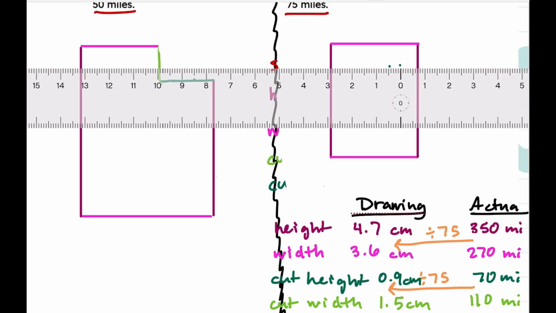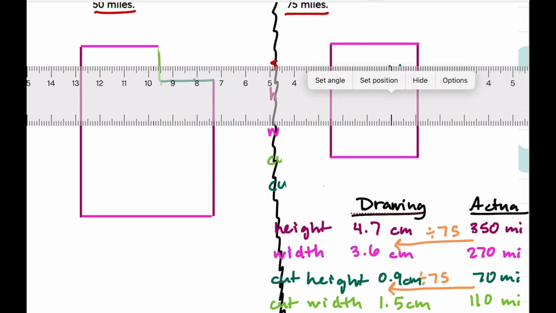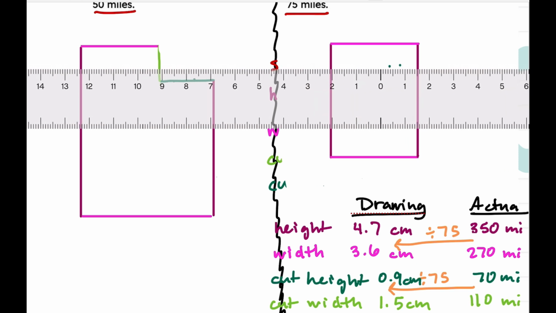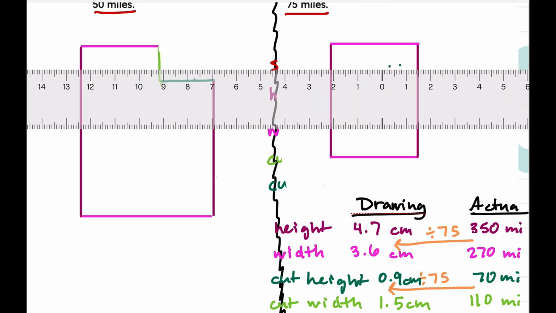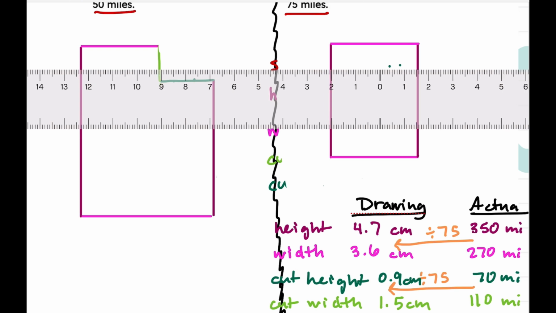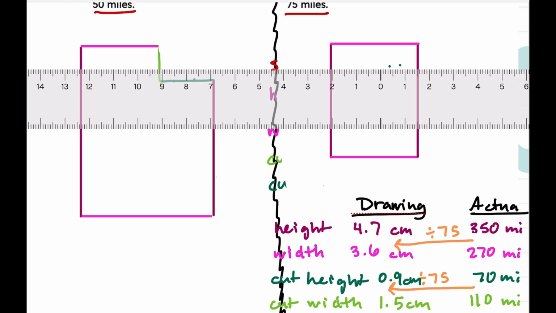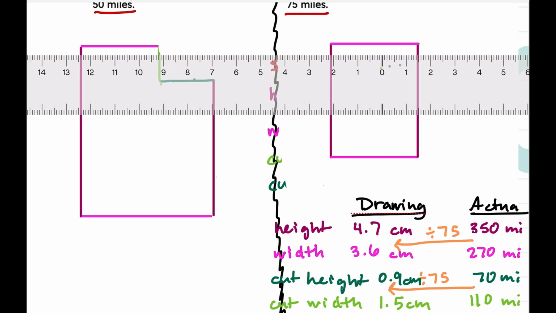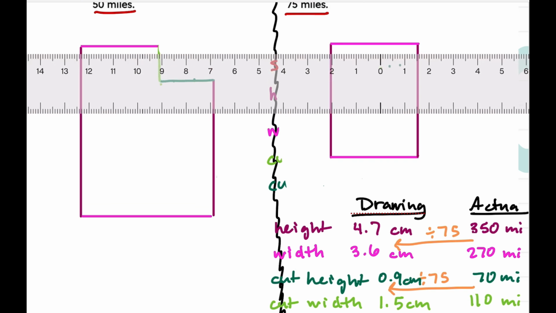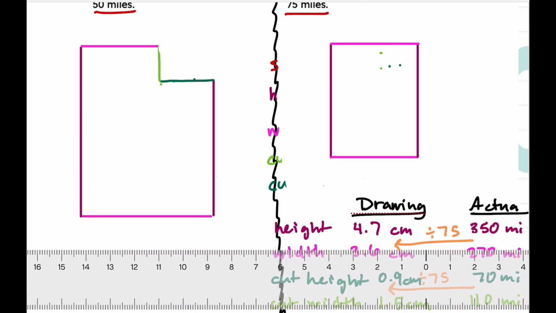So again, I'm going to line up that 1.5 right there on the edge. Looks like it's going to go to there. So the amount that I need to cut out is about like that. You can just scribble it out, or if you can erase it, we can go ahead and erase that whole corner.